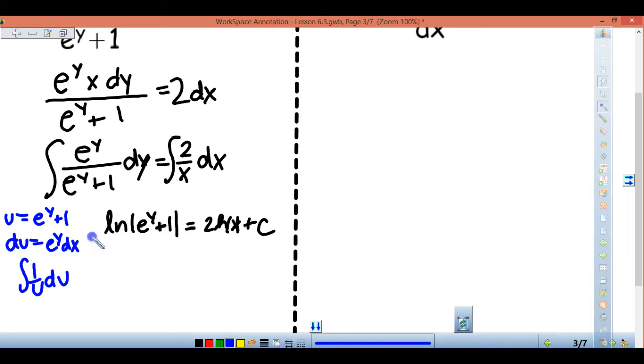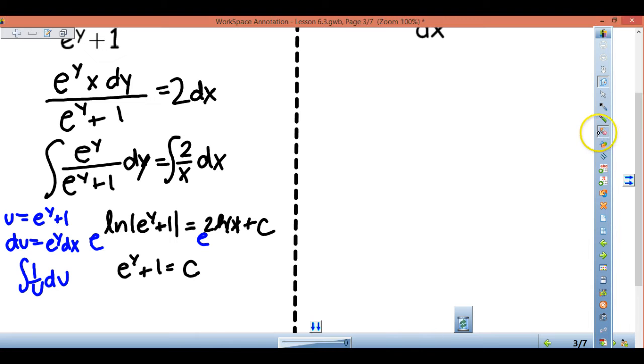So if I do an exponential base e to both sides, I have e to the y plus 1 is equal to c e to the 2 natural log of absolute value of x.